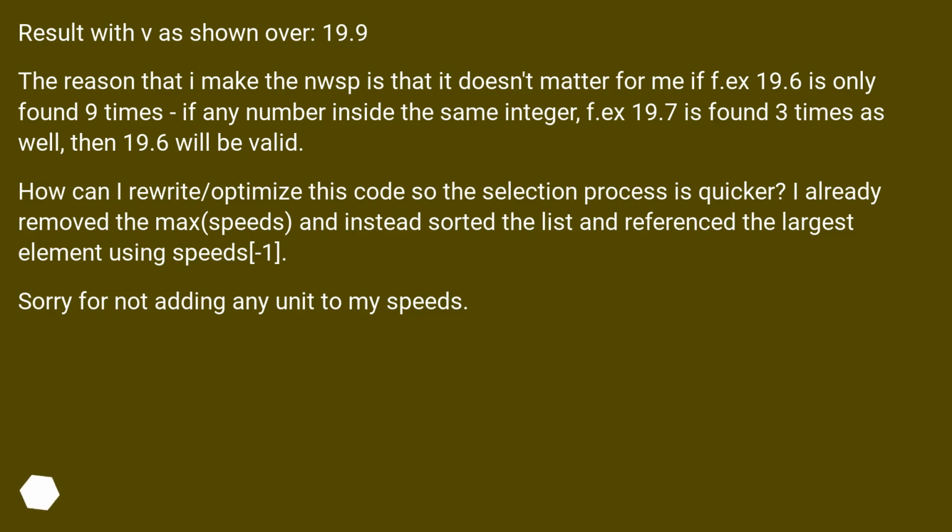The reason that I make the NWSP is that it doesn't matter for me if, for example, 19.6 is only found 9 times. If any number inside the same integer, for example 19.7, is found 3 times as well, then 19.6 will be valid. How can I rewrite/optimize this code so the selection process is quicker?